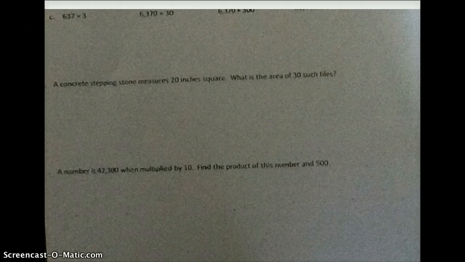A concrete stepping stone measures 20 inches square, 20 square inches. What is the area of 30 tiles? We haven't talked a lot about area, but the area of a stepping stone is 20 inches squared. That's how it looks. It's like to the second power. But that is the area.